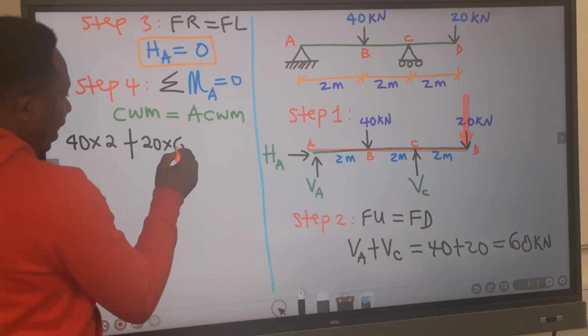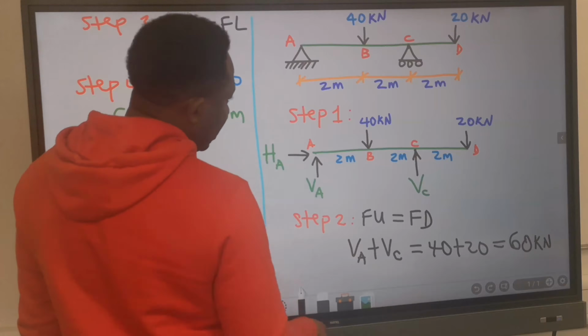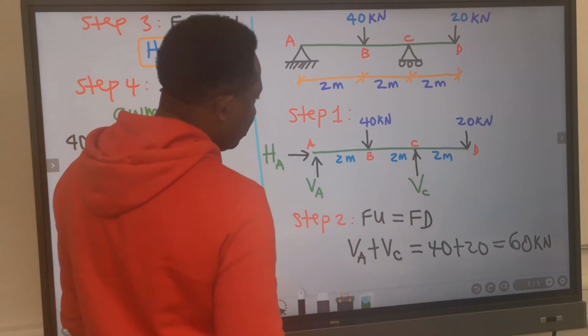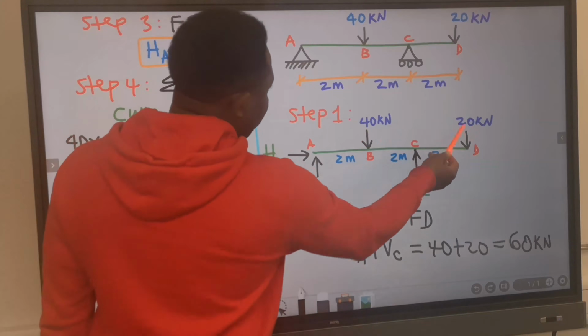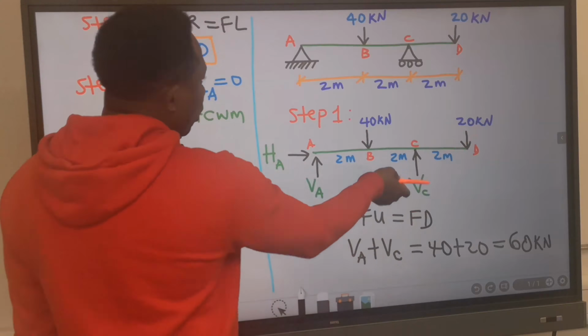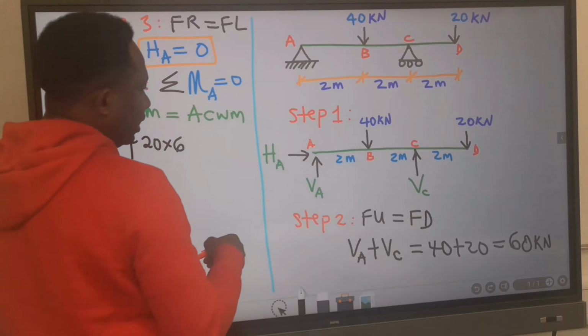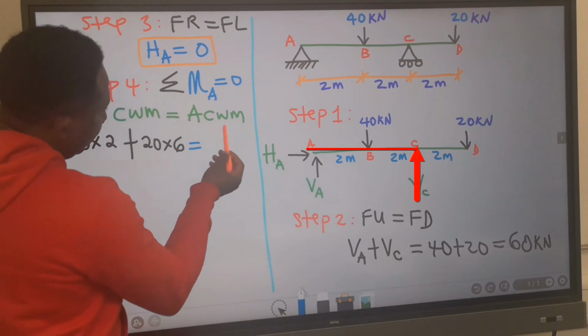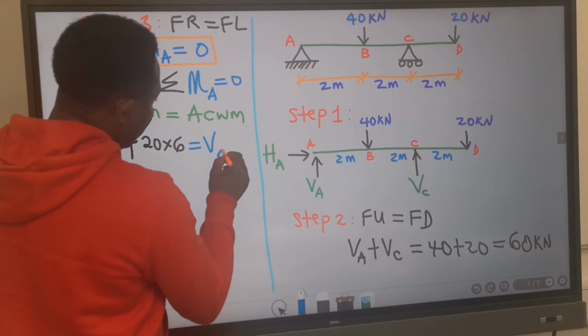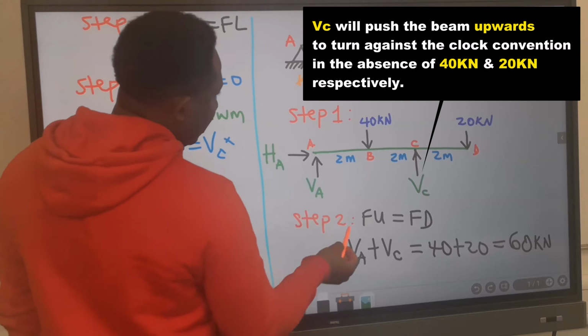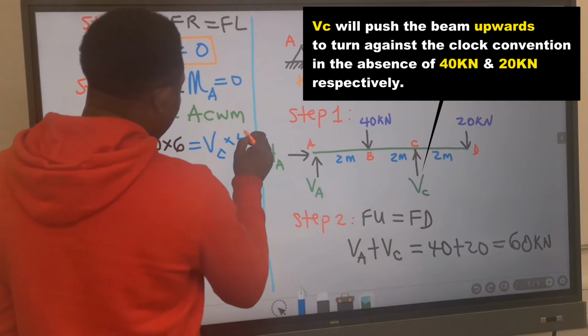Hence, I will write 6. Next, let me consider this. V subscript C, in the absence of these two forces, will turn this beam anti-clockwise. Hence, it will move to this section, which is V subscript C multiply the perpendicular distance is 4.